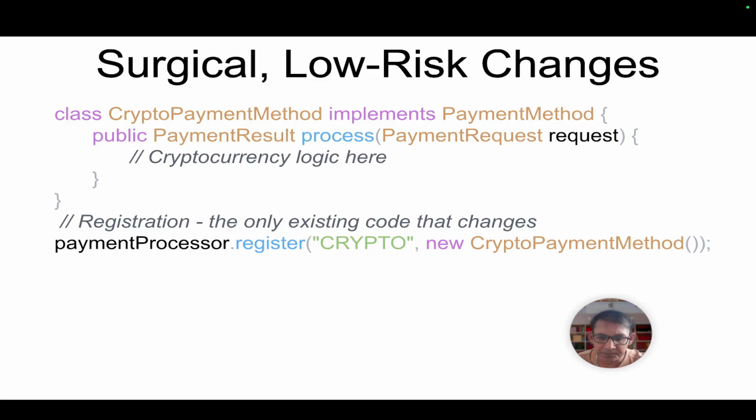Notice what happened here. We added new code, but we didn't have to change any existing working code. The credit card logic, the PayPal logic, and payment processor core remain completely untouched. This is incredibly safe and scalable. You can add new payment methods with zero risk of breaking existing functionality.